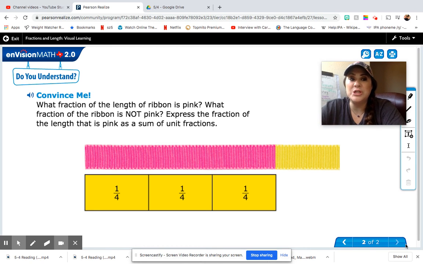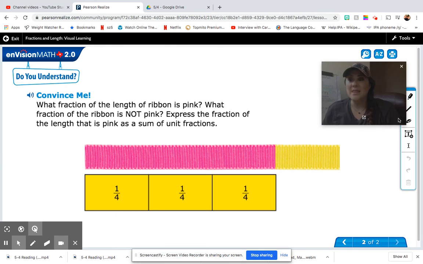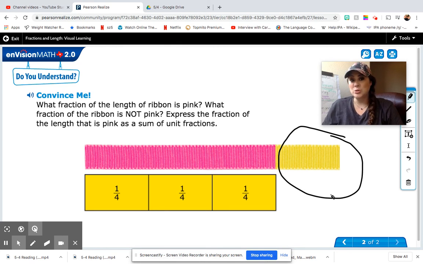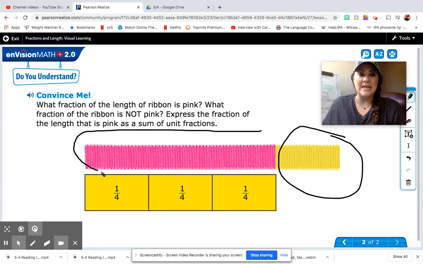Now, the first question, what fraction of the ribbon is not pink? Well, I see one area right here that is not pink. So, what fraction represents that? Okay, and then express the fraction of the length that is pink.